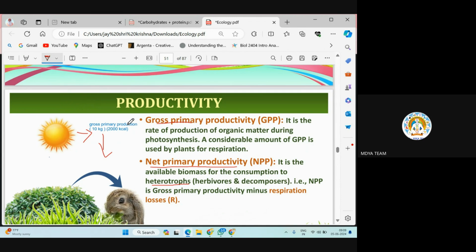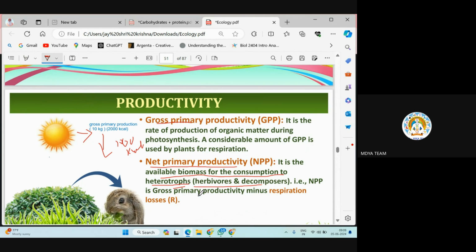But they are also using some of the energy. For example, out of this 2000 kilocalorie, plants are using 1000 kilocalorie. So how much energy is left for herbivores? 1000 is remaining for herbivores, meaning if a cow eats that plant or grass, that cow can get 1000 energy. So the remaining biomass available for consumption by heterotrophs, meaning herbivores or decomposers, is known as net primary production.